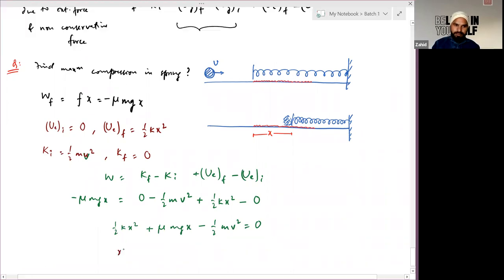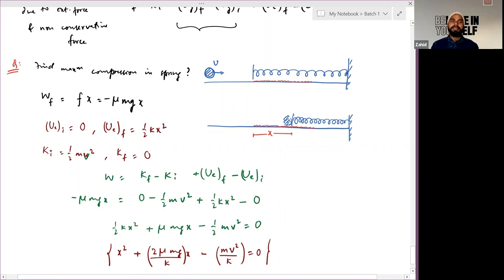So it will be x square plus 2 mu mg divided by k as the coefficient of x, minus m v squared divided by k as the constant term, is equal to 0. Use the quadratic formula to find x.